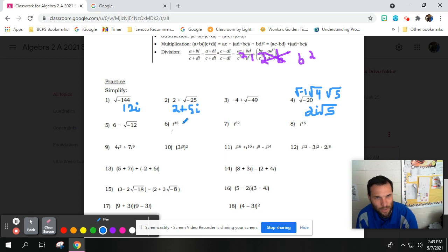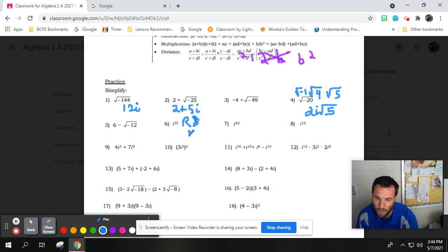And, okay, so right here is 35. 35 divided by 4 is, let's see, 36 is 9. So it'd be 32 with a remainder of 3. And so i to the third is 1.